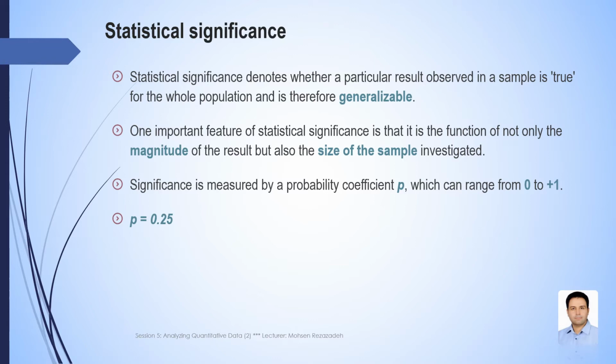In fact, in social sciences, we typically consider a result significant if the p-value is smaller than 0.05. That is, if the probability of the result not being real but only due to chance is less than 5%. That is 5 times out of 100. In that case, we can say that the result is significant.